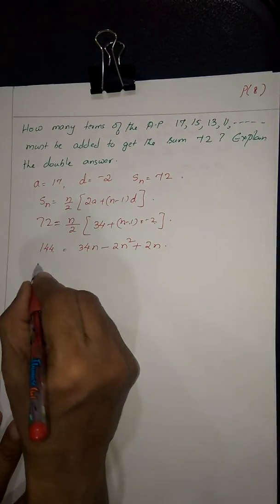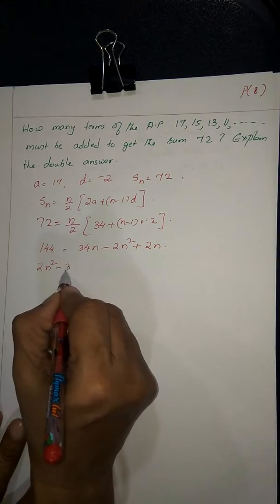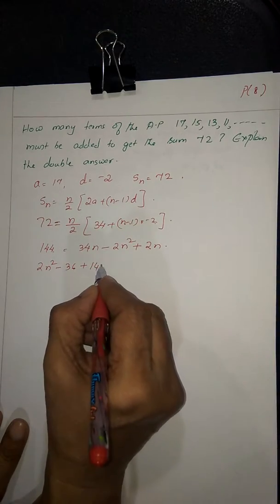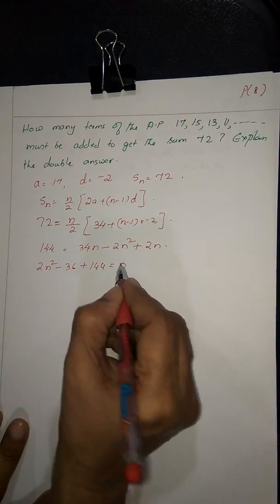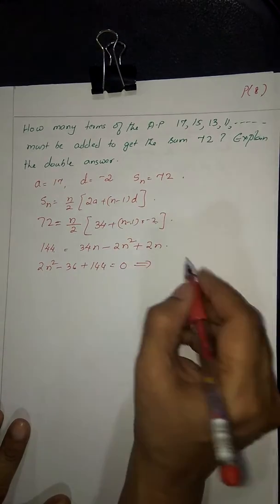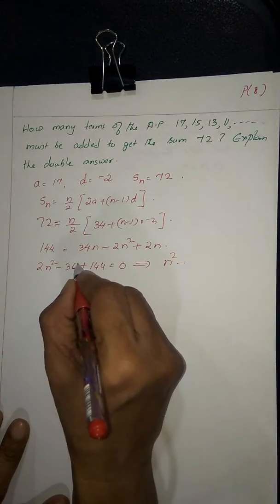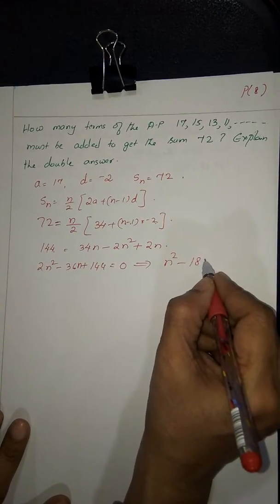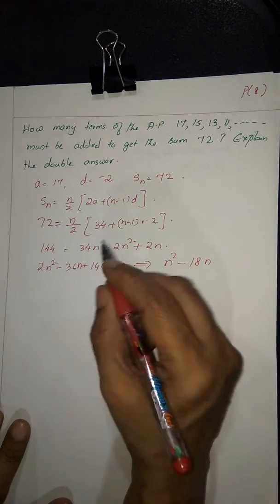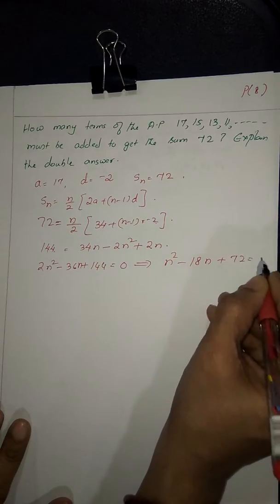So this becomes 2n squared minus 36n plus 144 equal to 0. Divide throughout by 2, you get n squared minus 36n by 2, n squared minus 18n plus 72 is equal to 0.